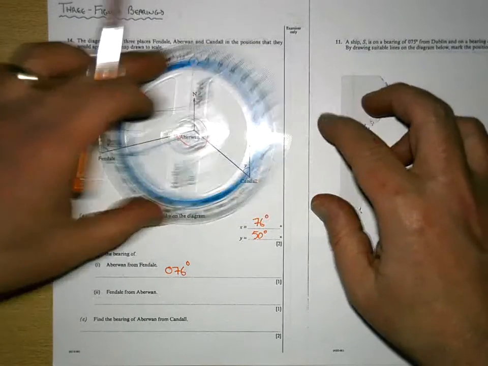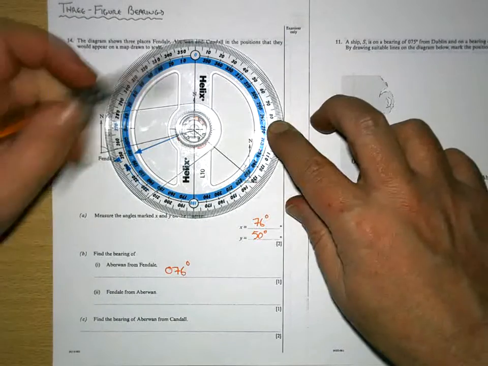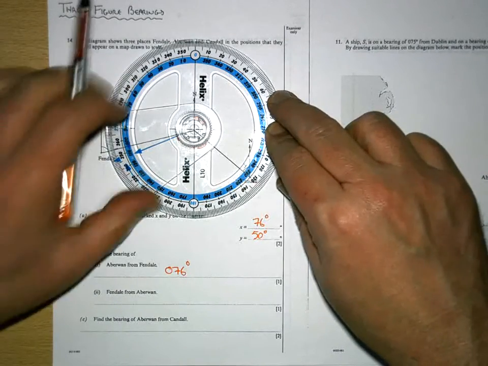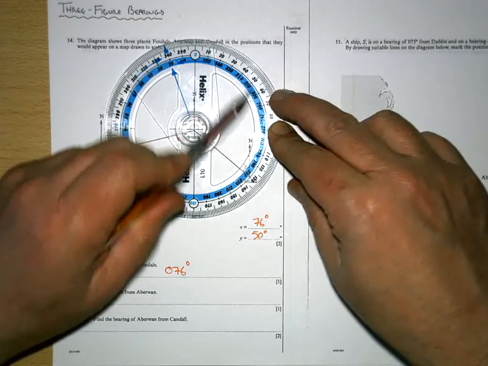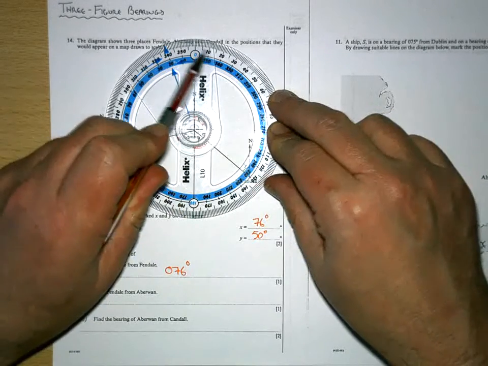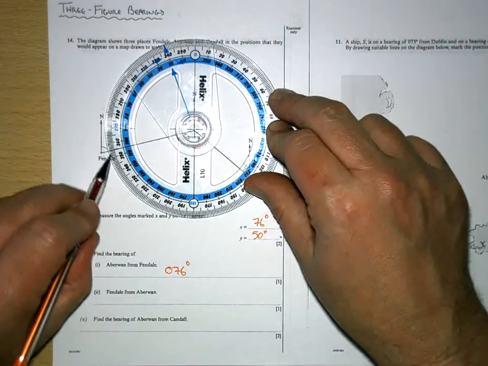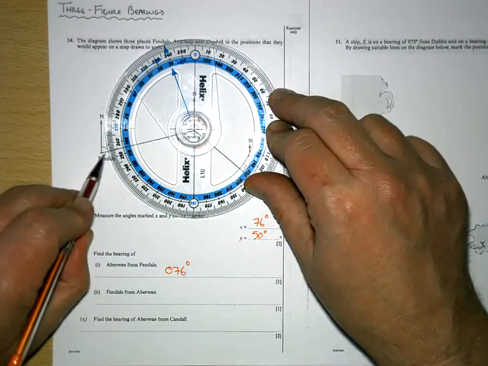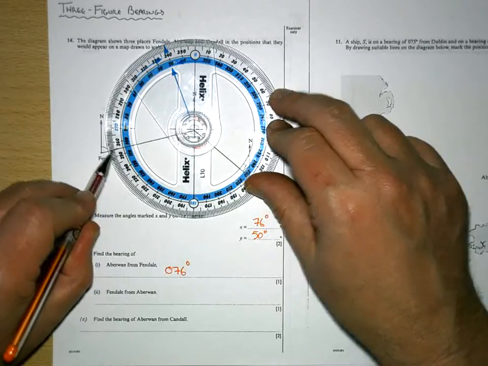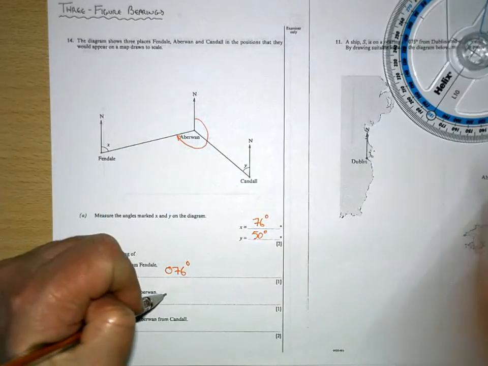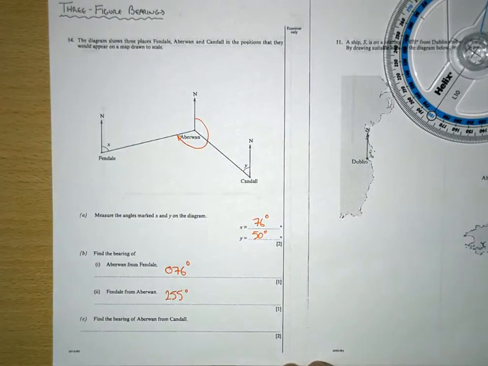Put the centre of your protractor on Aberwan, line 0 up with north, and read off the outside scale, where 0 begins, 10, 20, 30 and so on, until you come around to the line that joins Ferndale, which here you will see is 255 degrees.